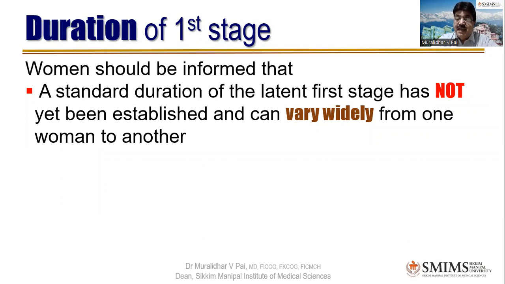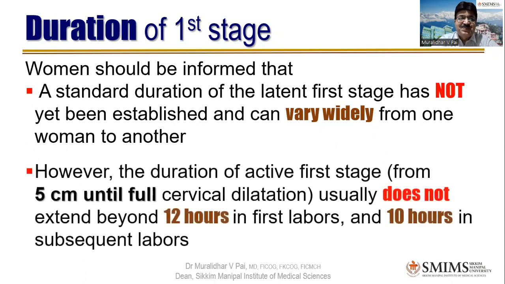Otherwise, the lady, their relatives, everybody will pressurize you to do a cesarean section just because she has got some painful contractions. She gets tired so fast. Unless we are convinced, we are aware of this. This is all evidence-based. This is not from anybody's pocket. So only then can we convince the lady that you are only in latent phase and it is variable and you must have patience and don't make me lose my patience.